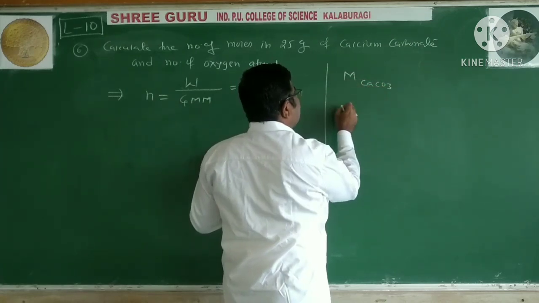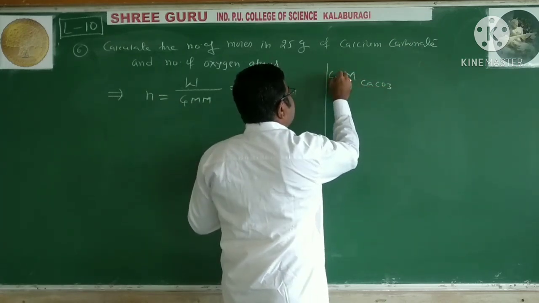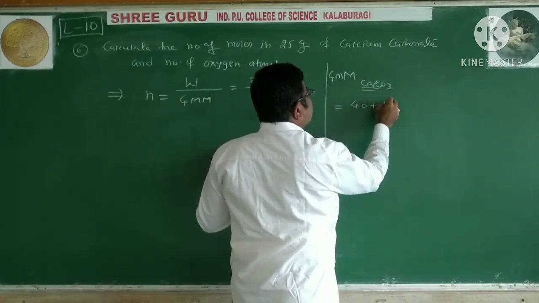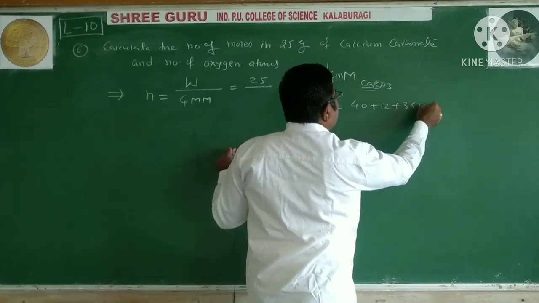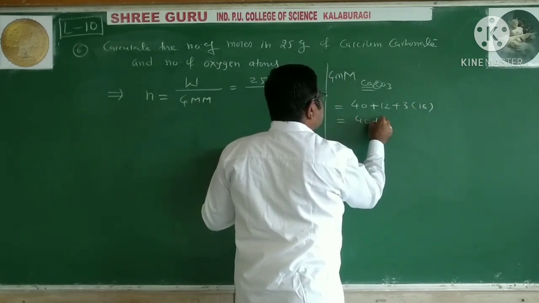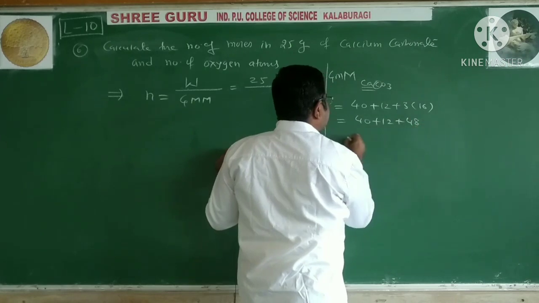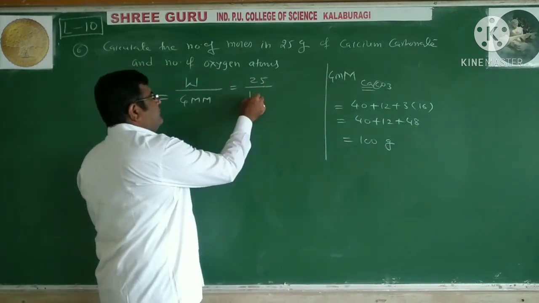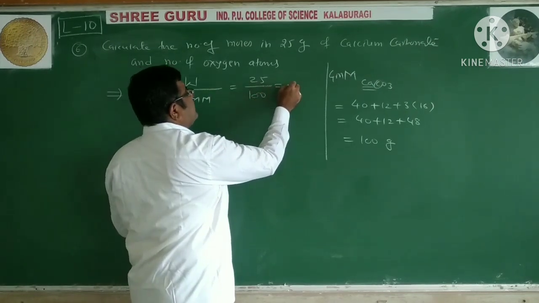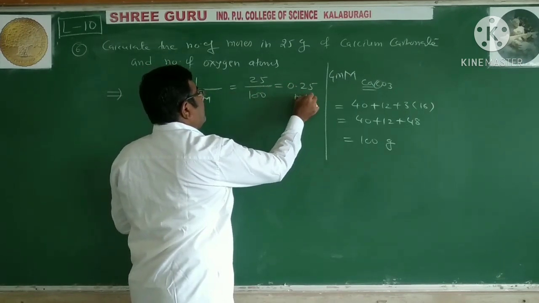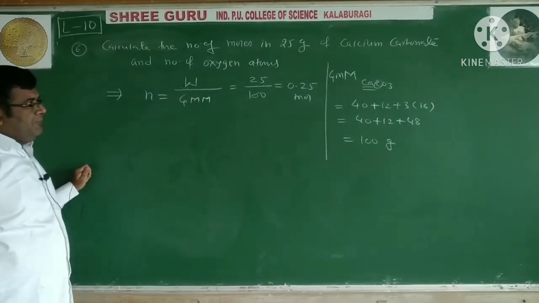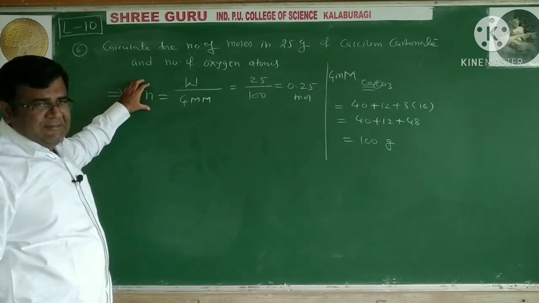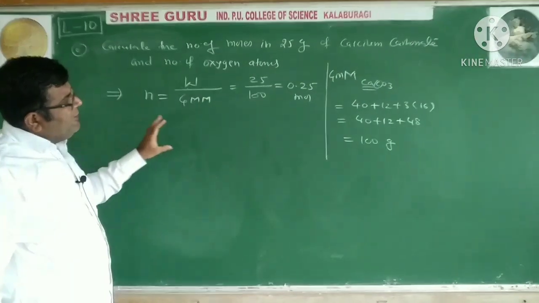Molecular mass of calcium carbonate is calcium is 40, carbon is 12, and there are 3 oxygens, 48. So it is 100 gram. So that's why it is 0.25 mole. So we have answered first part of question. Calculate number of moles in 25 gram of calcium carbonate is 0.25 mole.